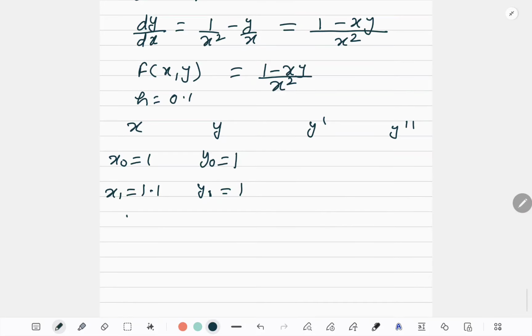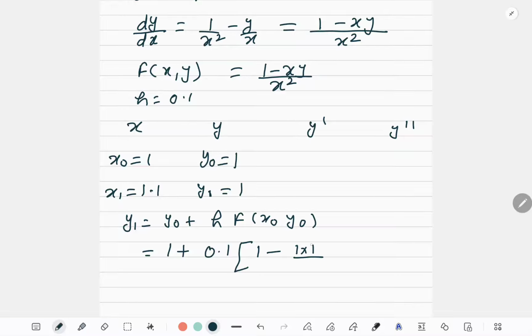Let me show you. See, y1 is equal to y0 plus h f of x0 y0. Now put the value. What is y0? 1 plus 0.1. Now the value of function at x0 y0: 1 minus 1 into 1, upon x square. x square is 1 square.